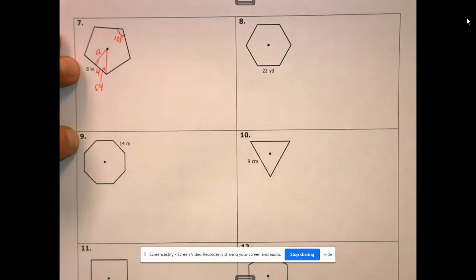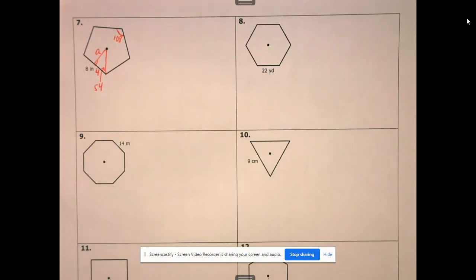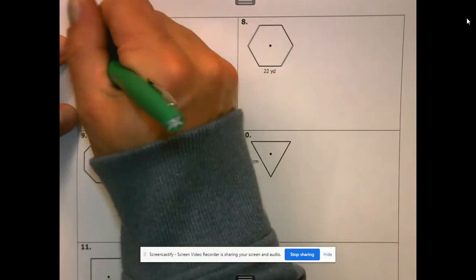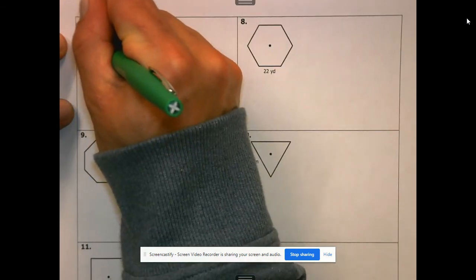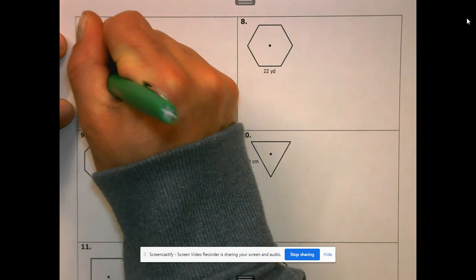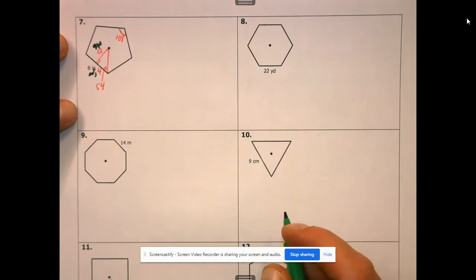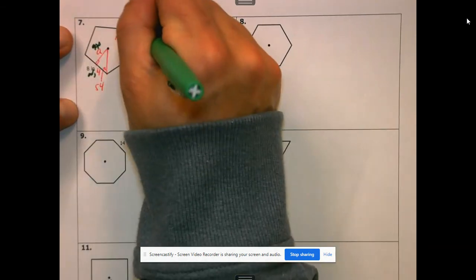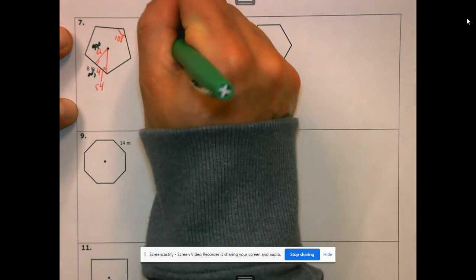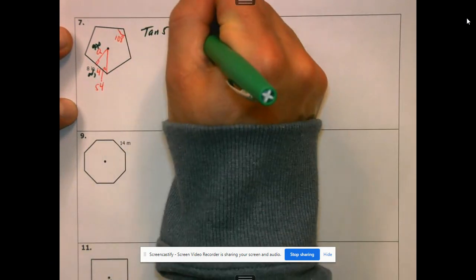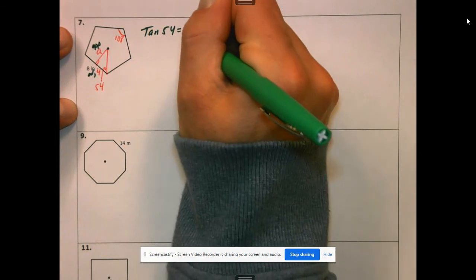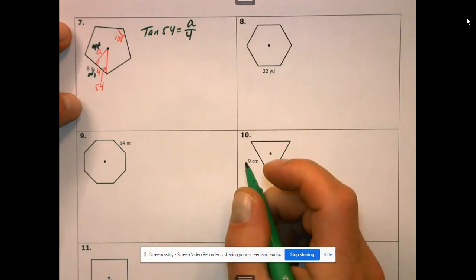So if we set it up, across the triangle is opposite. The piece next to you is adjacent. O and the A, we're going to use tangent. Tangent of 54 equals opposite A over adjacent 4. Variables on top, you've got to multiply.